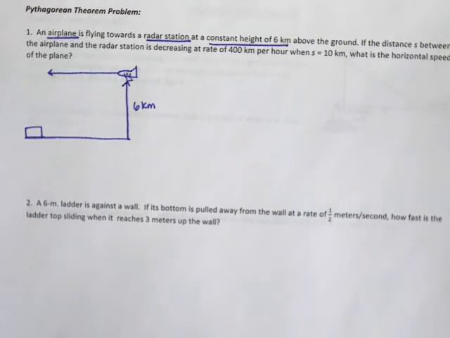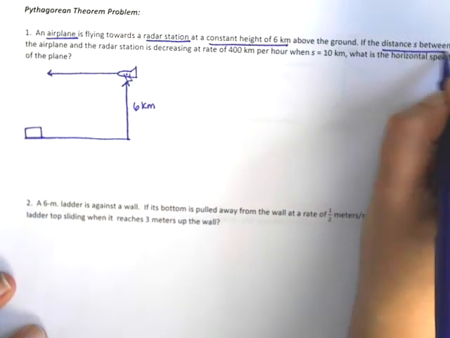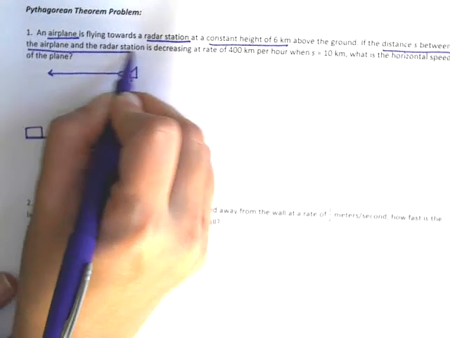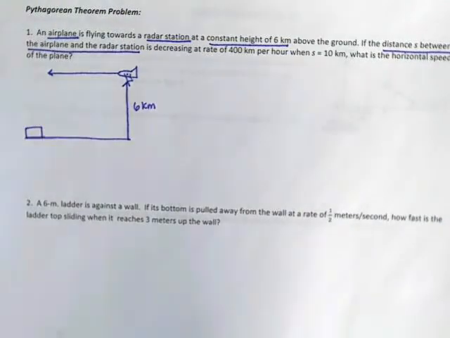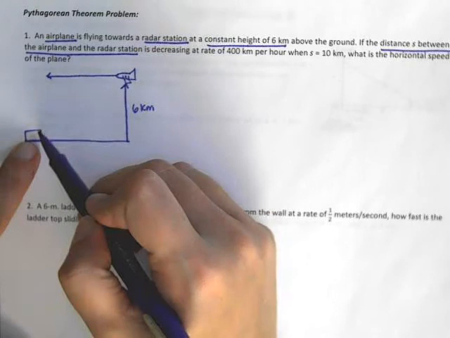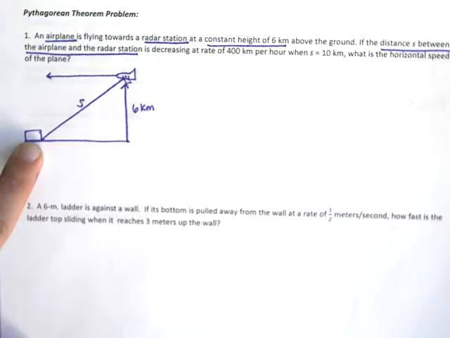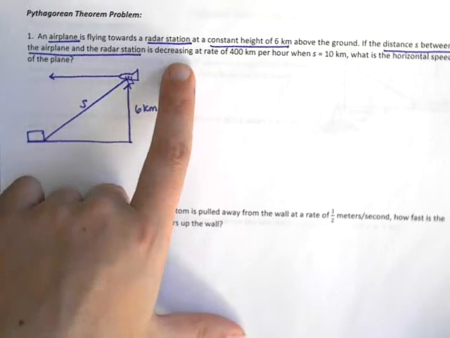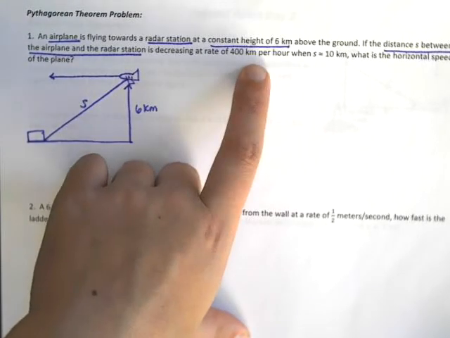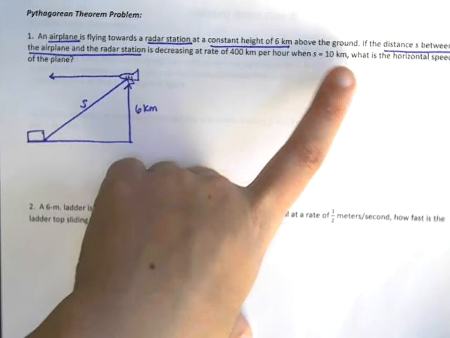It is never going to change. If the distance s between the airplane and the radar station, so let's talk about that. Here's the airplane, here's the radar station. s must be this distance, is decreasing at a rate of 400 kilometers per hour when s is 10.